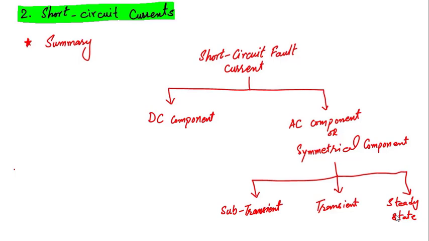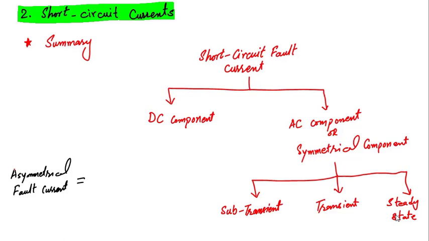Fault current will be highest during the sub-transient, less during the transient, and the magnitude will be minimum in steady state. Remember, during the sub-transient and transient periods, the magnitude of current keeps decreasing. The rate of decrease is highest during the sub-transient, lesser during the transient, and there is no change in the short circuit current level in steady state.